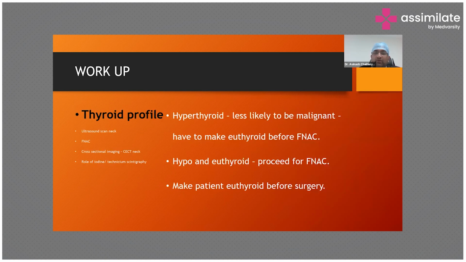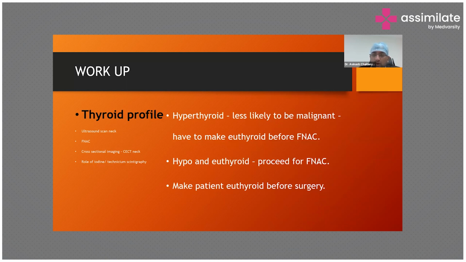So why is thyroid profile important? It is because you have to know whether the patient is hypothyroid, euthyroid or hyperthyroid. In a hyperthyroid situation, it is less likely to be malignancy, because generally hyperfunctioning nodules are not malignant, though there are always exceptions.